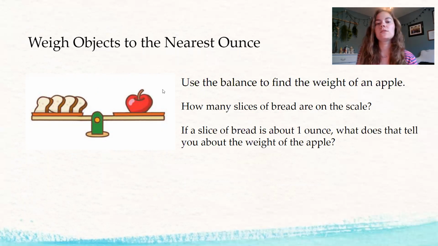So this says use the balance to find the weight of an apple. How many slices of bread are on the scale? Let's count. 1, 2, 3, 4. 4 slices of bread. So if 1 slice of bread is about 1 ounce, what does that tell you about the weight of the apple? Can you find the weight of an apple knowing the weight of the bread?